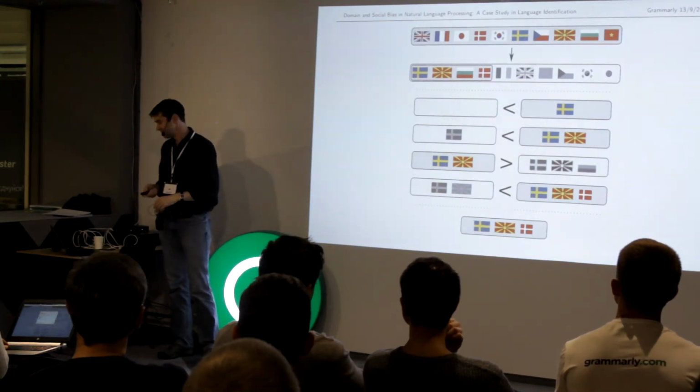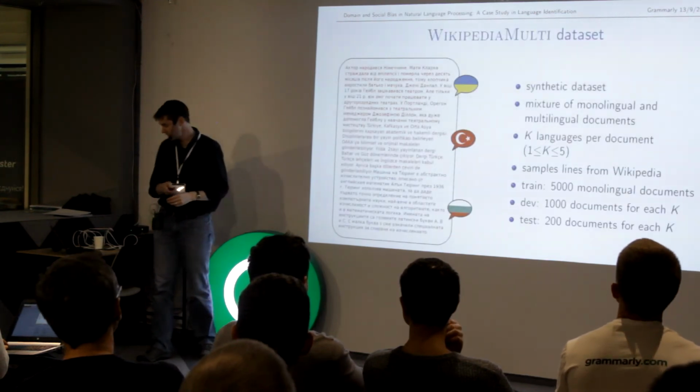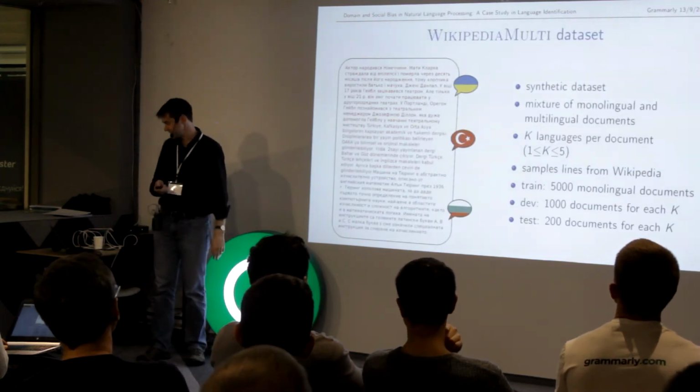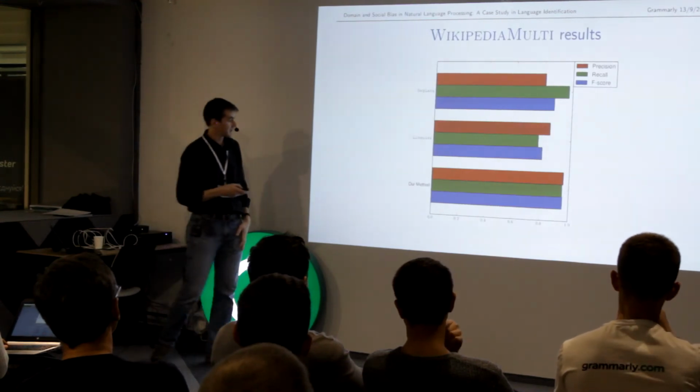I realise I'm rushing through the details a little bit. I'm happy to answer questions about this at the end. Let me skip over a lot of the details here. Suffice to say that it works.